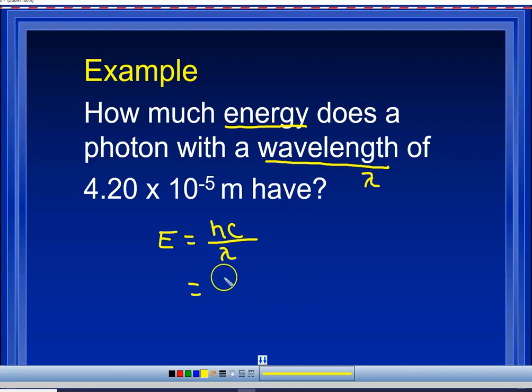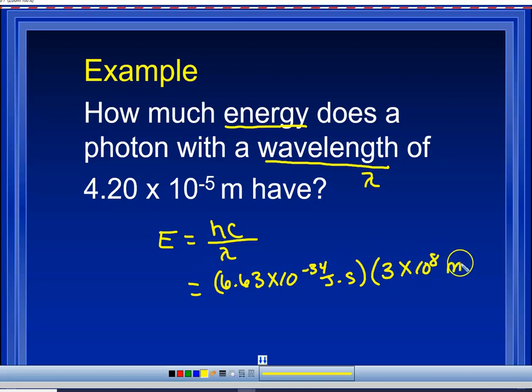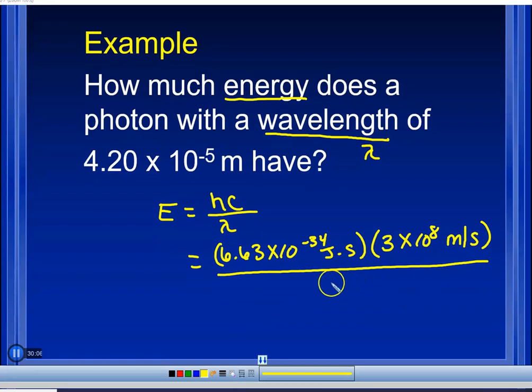Okay? So the h is a constant, 6.63 times 10 to the negative 34th joules times seconds. And our speed of light, which is the c, 3.00 times 10 to the 8th meters per second, divided by the wavelength, which is 4.20 times 10 to the negative 5th meters.